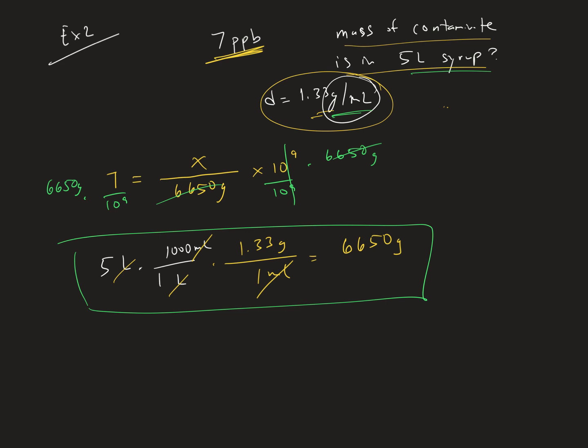What's that? 47 million? 47, 1, 2, 3, 4, 5, 47 millionth of a gram. So we can say 47 what? Micrograms? Why not use 1 sig fig?